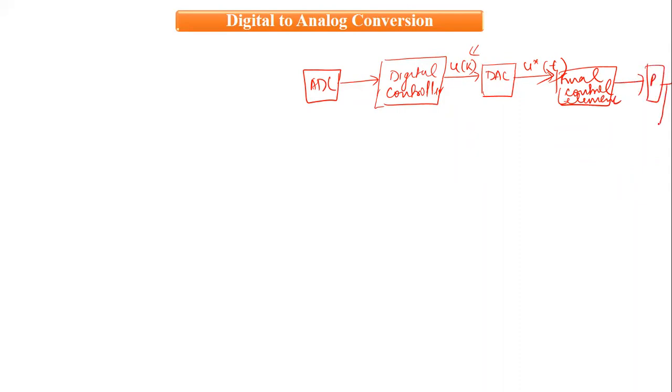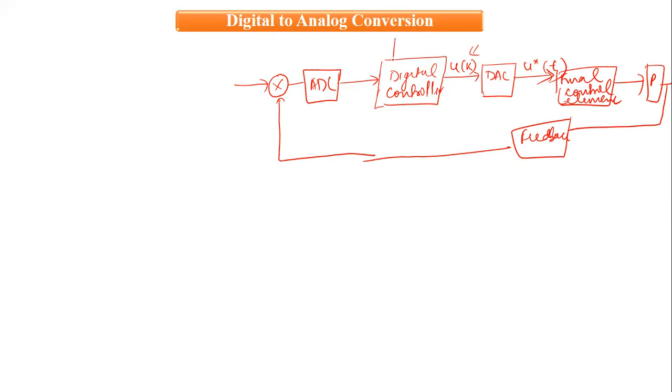The plant has an output, which we feed back through the measured feedback element, and here we have the comparison. Either the comparison is done here or it can be done here also. The reference can be taken here or at this point, so it doesn't matter. Okay.